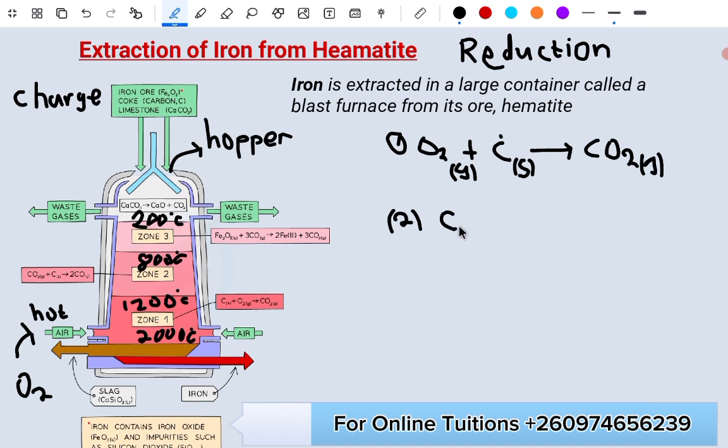It's going to now react with the product, which is carbon dioxide. This now gives us carbon monoxide. This is also a gas.